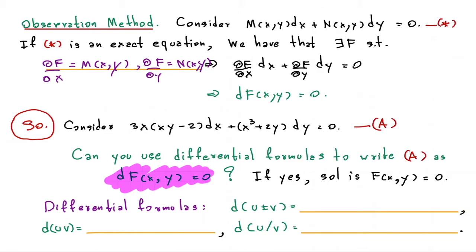The differential formula is d of u plus or minus v is du plus or minus dv. d of uv is u dv plus v du, and d of u divided by v is v du minus u dv divided by v squared, right? We know these formulas, right? The formulas from differentials. Okay, makes sense.